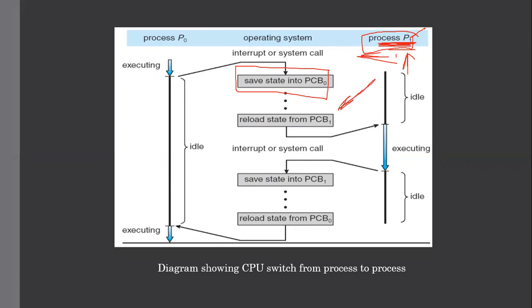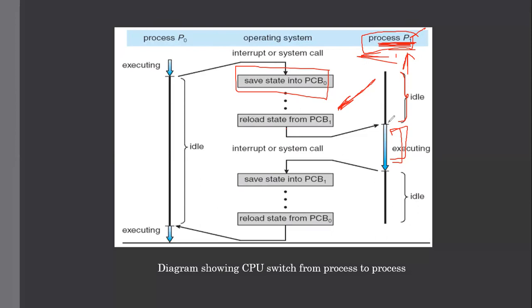So first the CPU will reload the state from PCB1, and once it has reloaded the state, it will start executing the process. Meanwhile, P0 will be idle because it is not running right now. Once you have saved the state of P0, it will be idle.